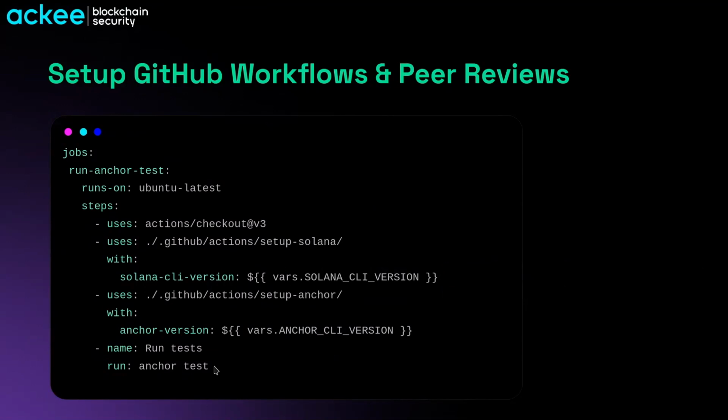Rust is already installed in the Ubuntu distribution, so that's it. That's all you have to do. The only thing that is not visible here are the scripts to set up Solana and set up Anchor. These are also not very complicated. I will share a repository after the lecture so you can check it.